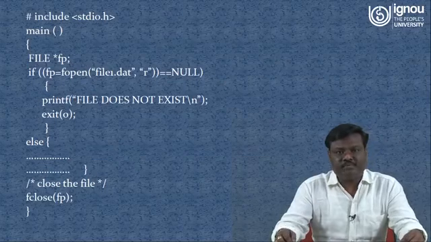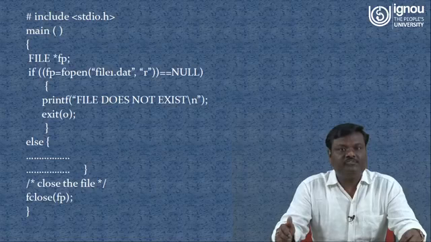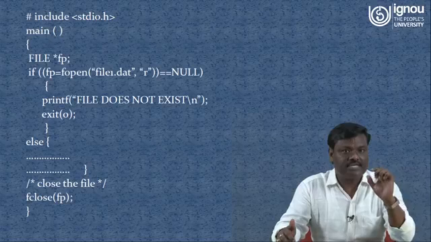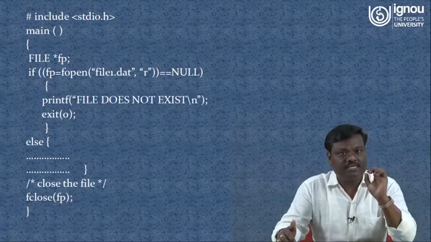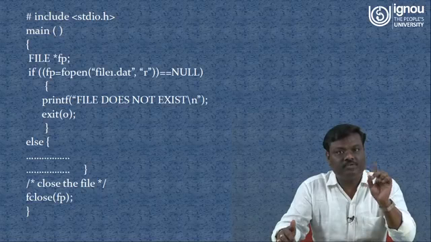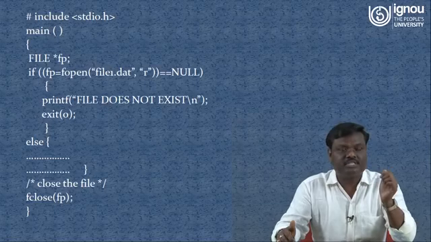Let us see a simple program. Here a simple caution statement is written. If the file is opened successfully, then you can see the else part for processing. Otherwise you can see the if part. If fp, which is the pointer variable to a file, opened in the read mode, is equal to NULL, then the file doesn't exist. That is the simple statement that we had written in the if statement.